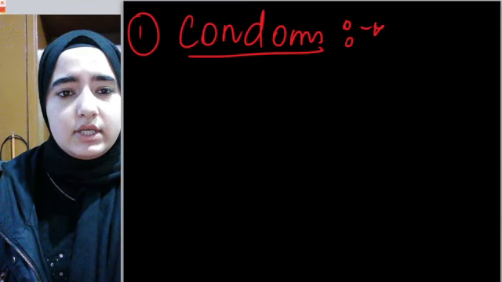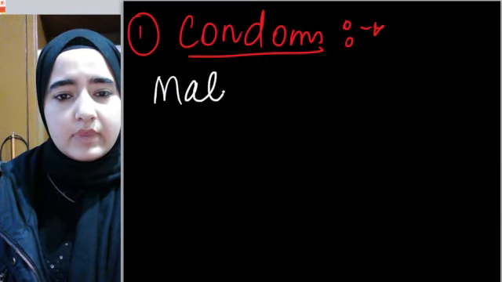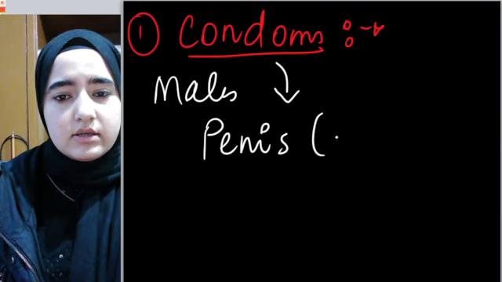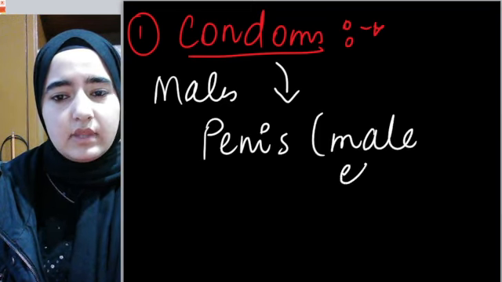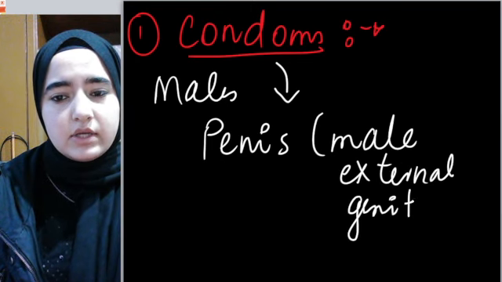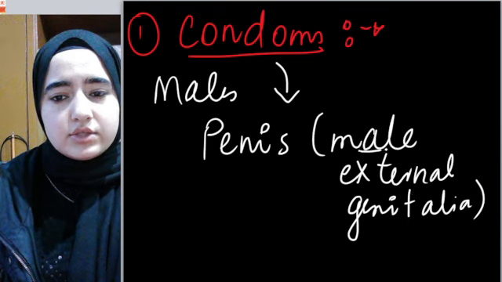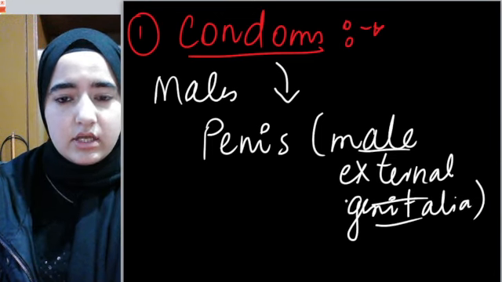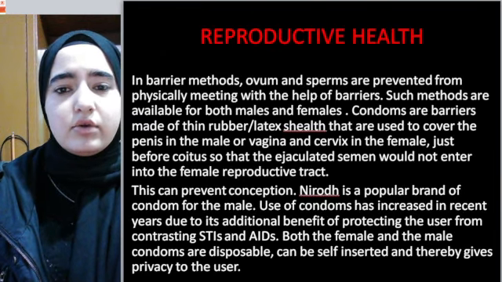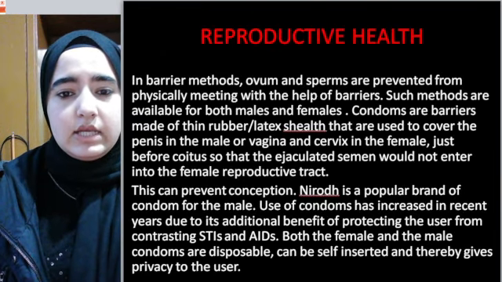Talking particularly about males, condoms are worn over the penis, that is the male external genitalia. So if the male ejaculates, the semen will get deposited into the condom instead of the vagina.